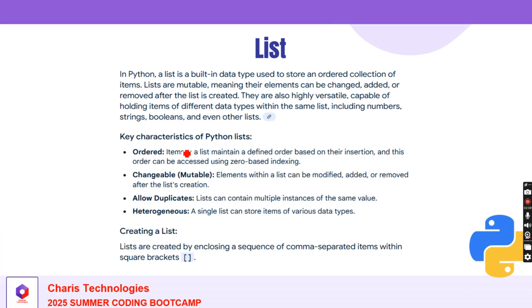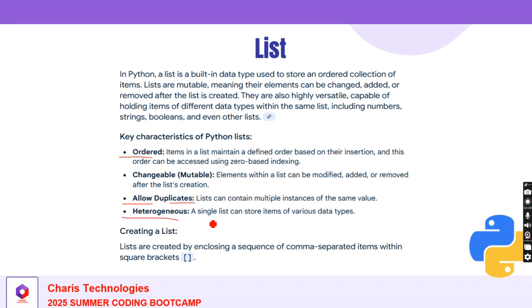So now, Python lists are ordered, right? They are ordered, so they can be indexed with 0, 1, 2, 3. So the first item will be 0 as usual. Then they are mutable, meaning that they are changeable. Lists allow duplicates, meaning that you can have the same value, two or more times, in a list.